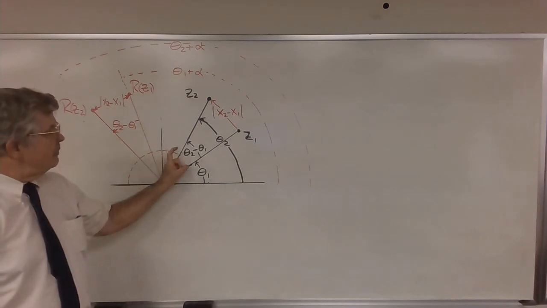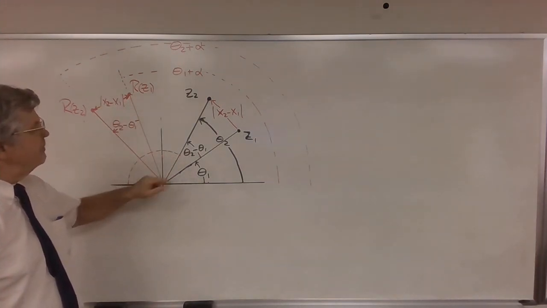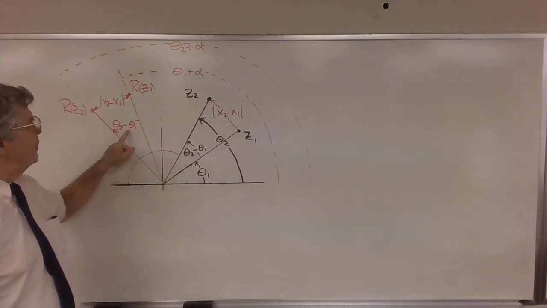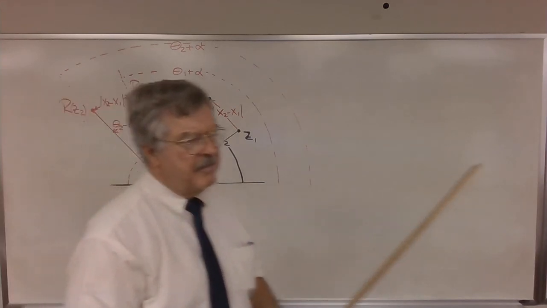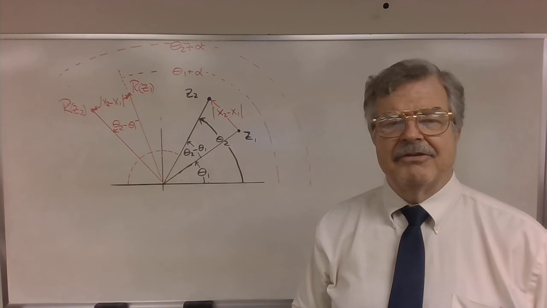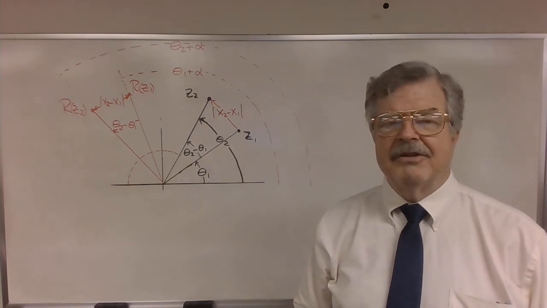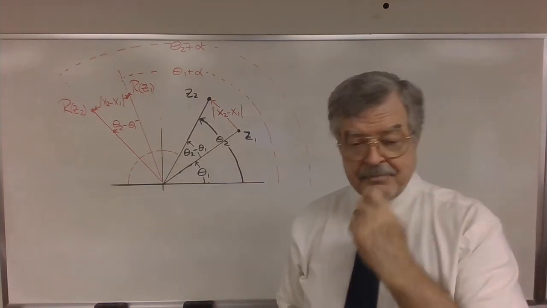And the angle between the 2 points with respect to the origin, theta 2 minus theta 1, has also been preserved. So the fact of the matter is a rotation preserves size and shape, not just distance, but also position of points relative to one another.